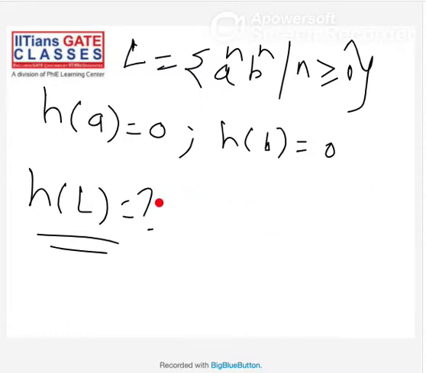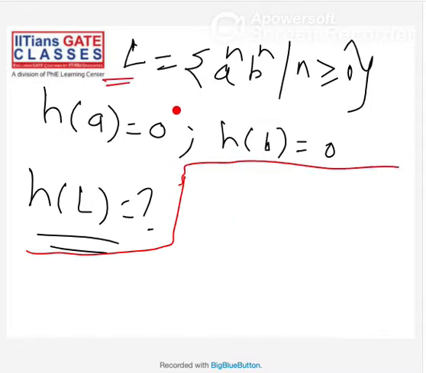Okay, so see this example, and you can try the next example. So what is this? This is L equal to a power n b power n. This is your language, and the homomorphism is given to you. So the homomorphism of a is 0, and homomorphism of b is also 0.